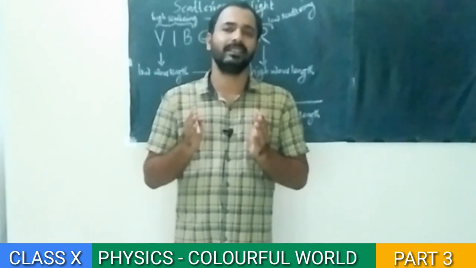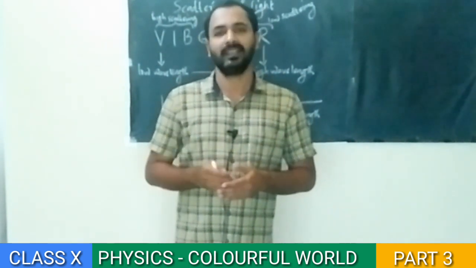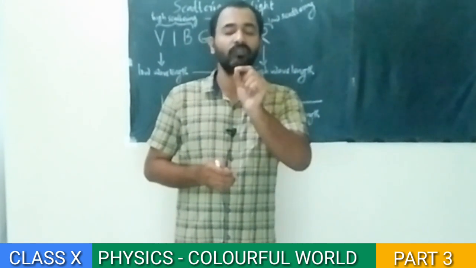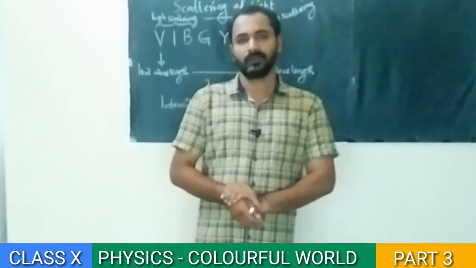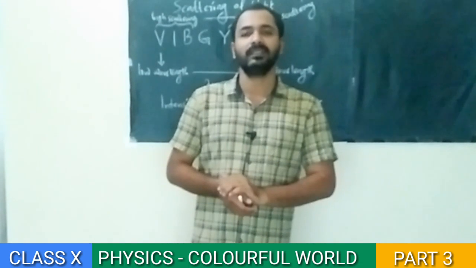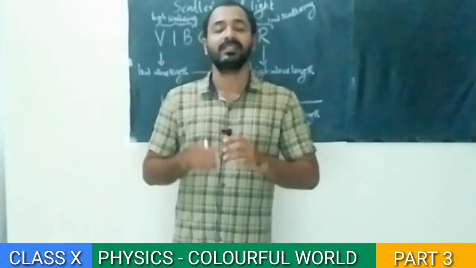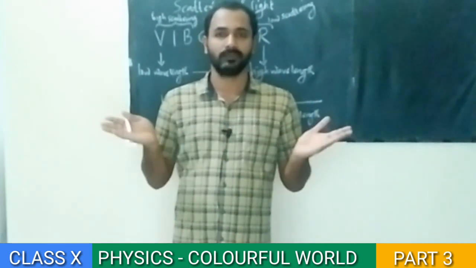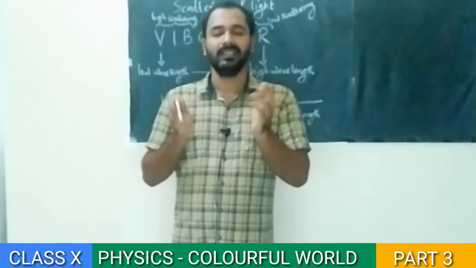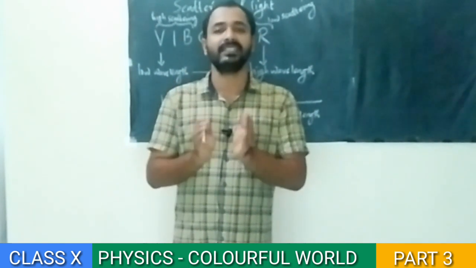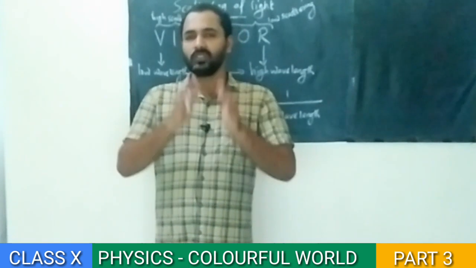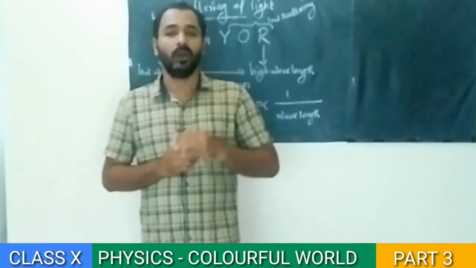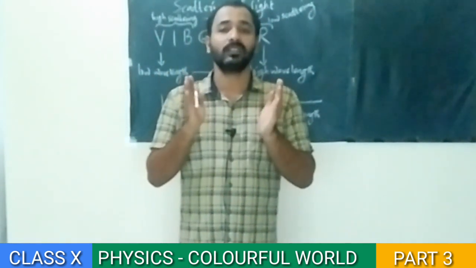So blue color is the more scattered color by the very fine particles. Red color scatters least. Using this information, we can explain the color of the sky.